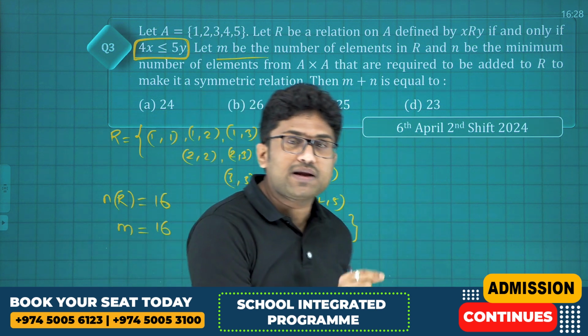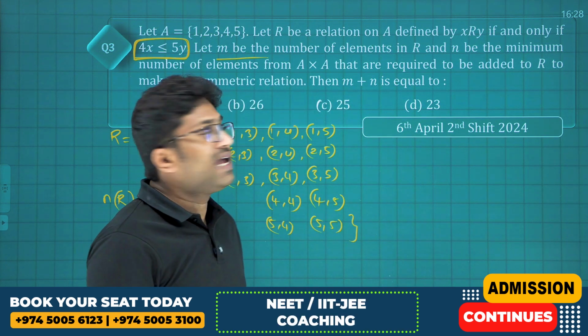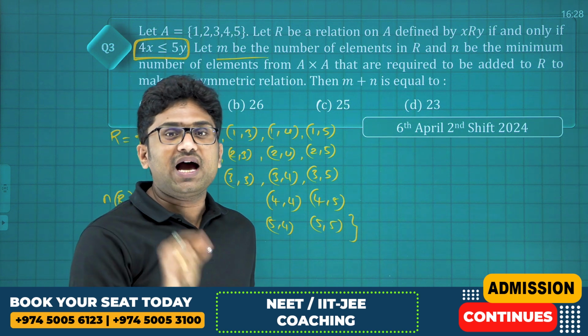N is the minimum number of elements to be added in R to make R a symmetric relation.